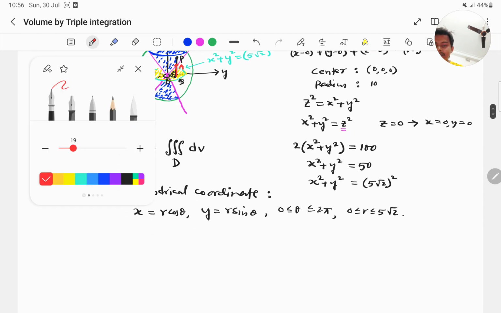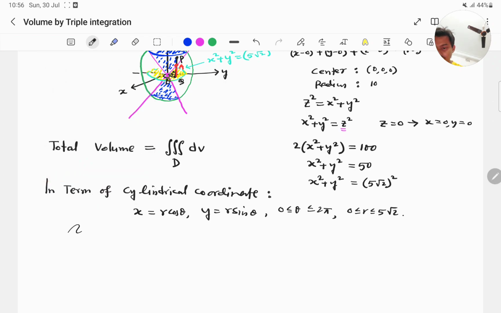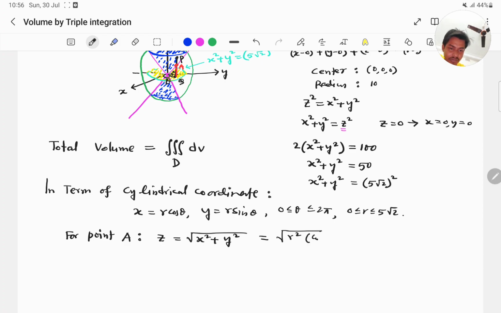For the point A, the z value if we calculate, that will be square root of x square plus y square, and we already know x is r cosine theta, y is r sine theta, so after calculation we get r square cosine square theta plus sine square theta, so that will be square root of r square, so r.